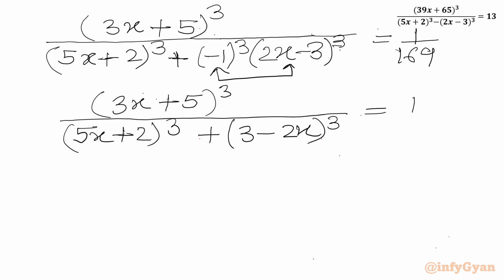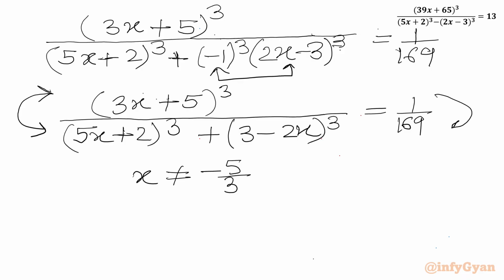RHS is 1 over 169. Now x cannot be equal to negative 5 over 3. So I can flip numerator and denominator, both sides. So let's consider reciprocal both sides.